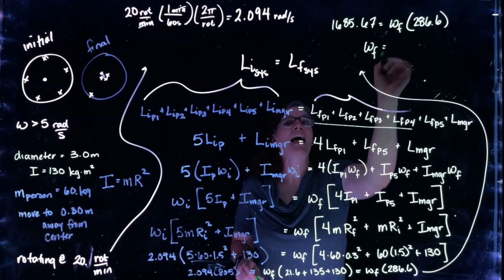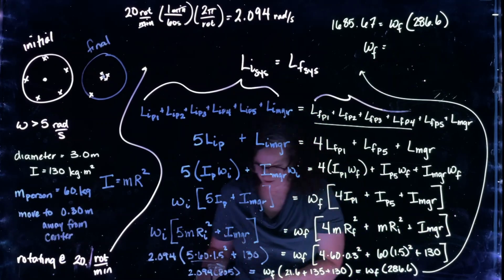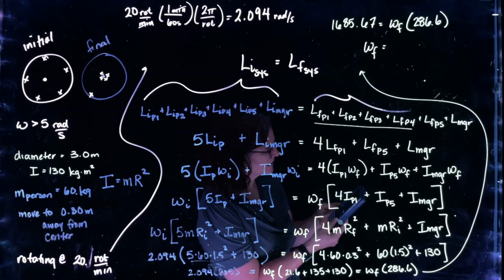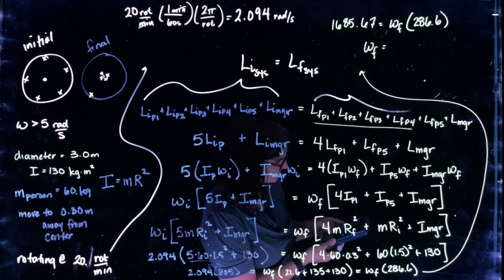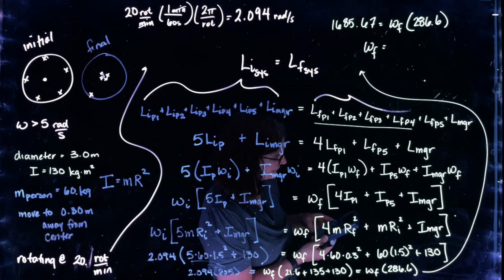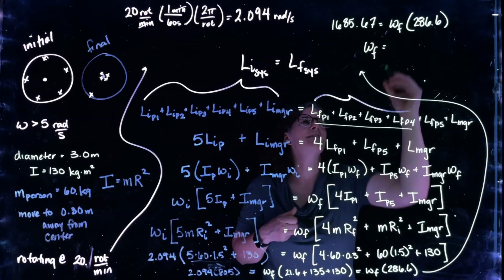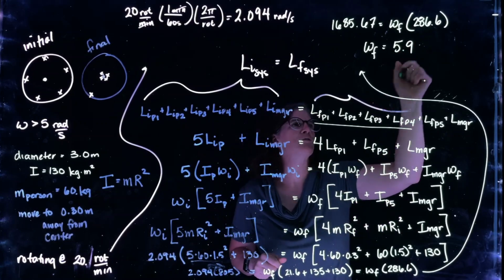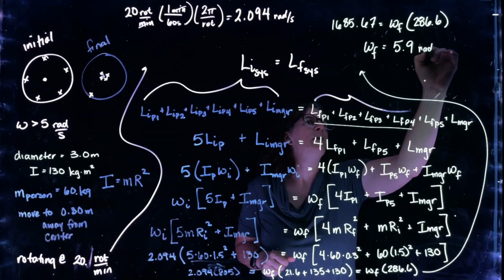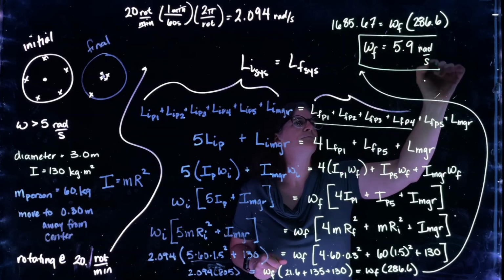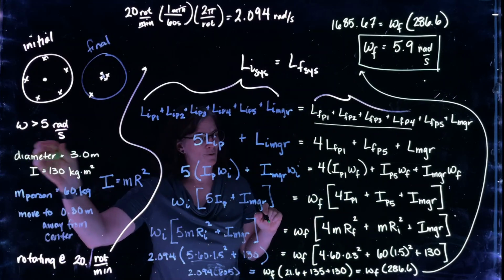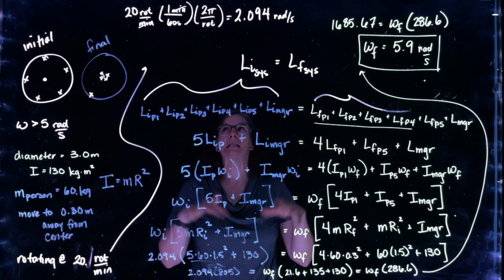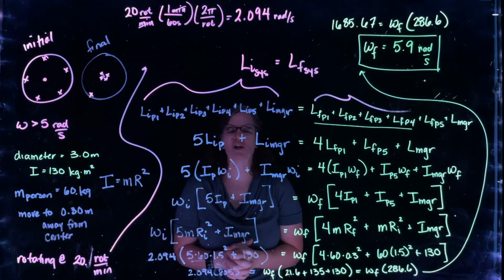So our final speed when we all jump to the center is 1685.67 divided by 286.6, 5.88, but I'm rounding now to my two significant figures, radians per second, which is well over that 5 radians per second. So indeed, our buddy goes flying off as soon as we jump to the center.